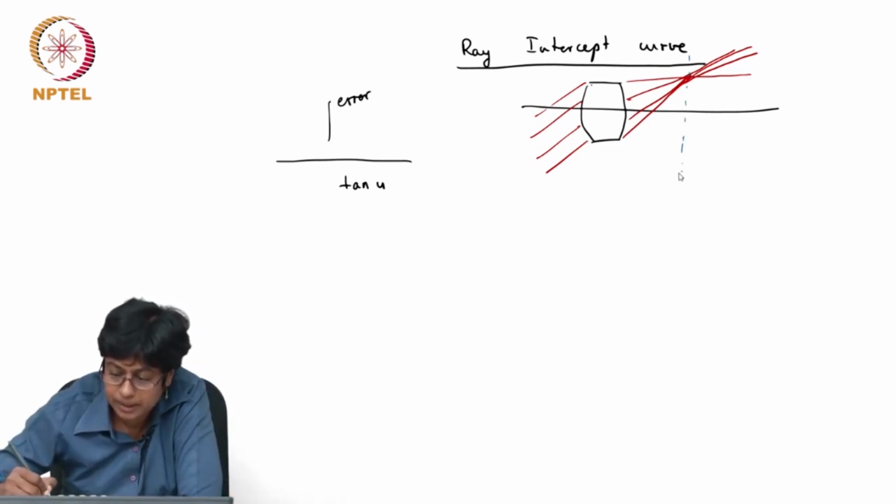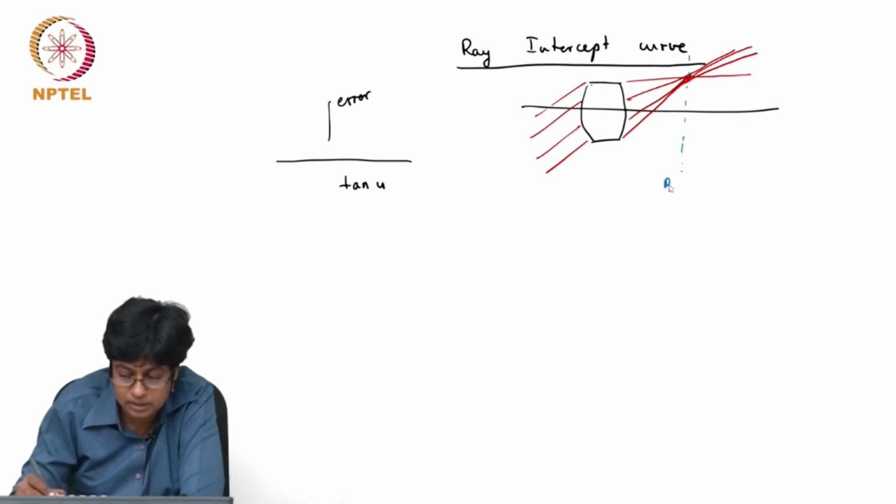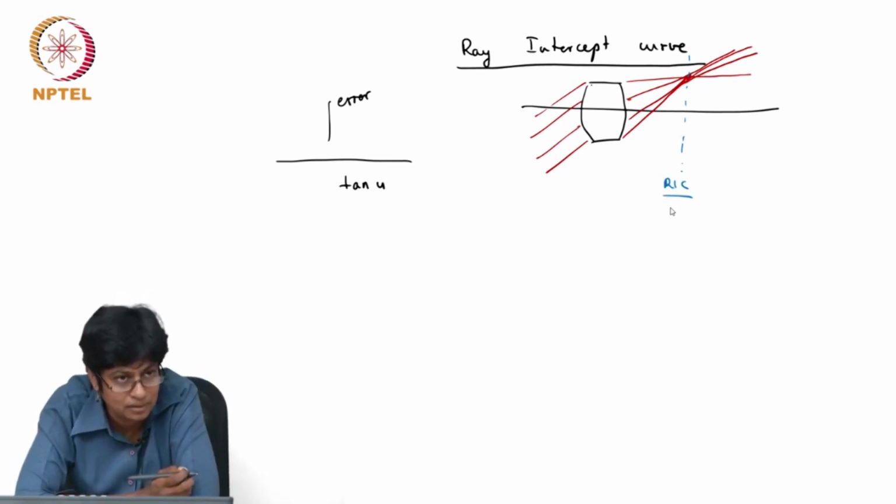If my image plane were here and I was drawing the ray intercept curve for this plane, the rays at this plane, all the rays have come to focus at the same point, what would the curve look like?